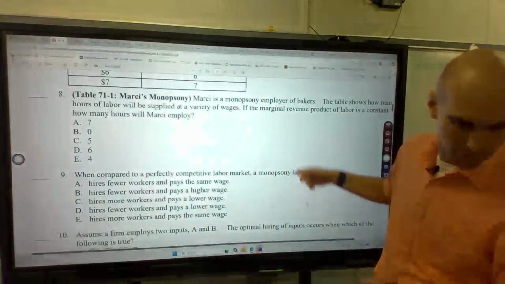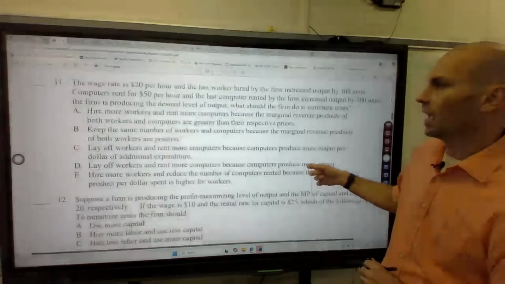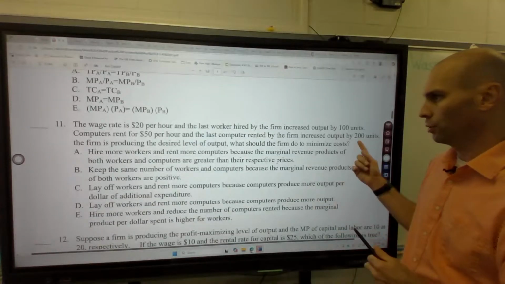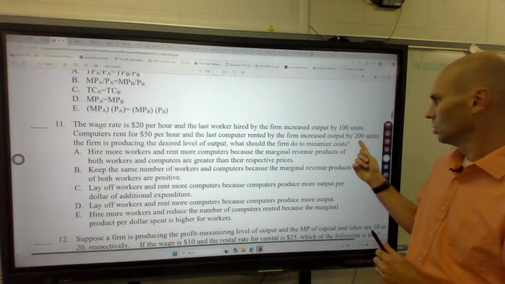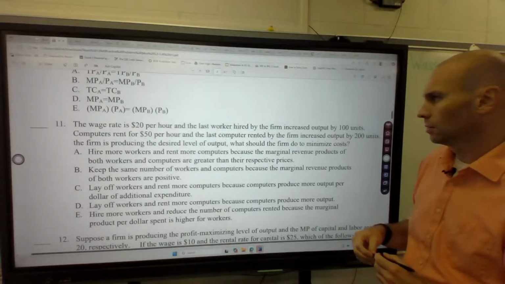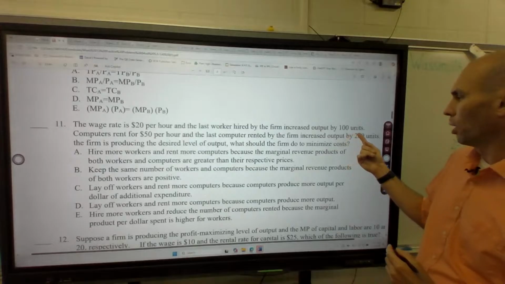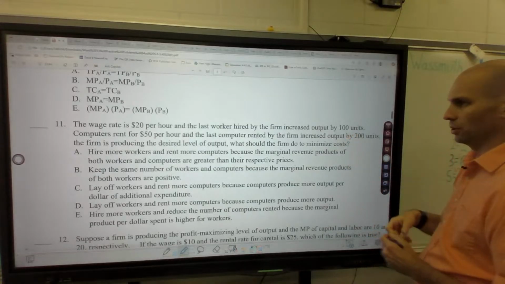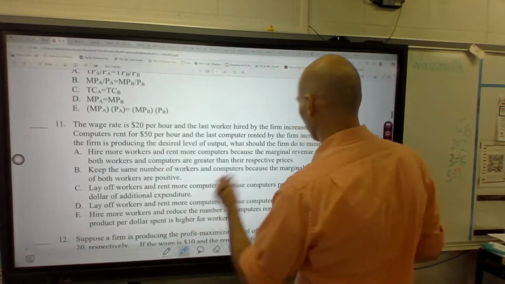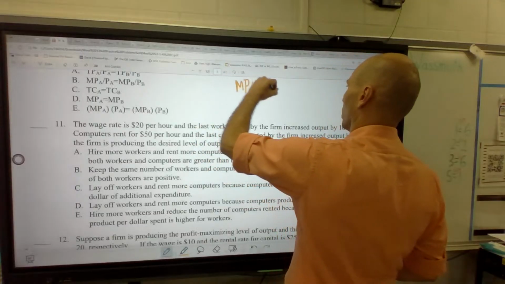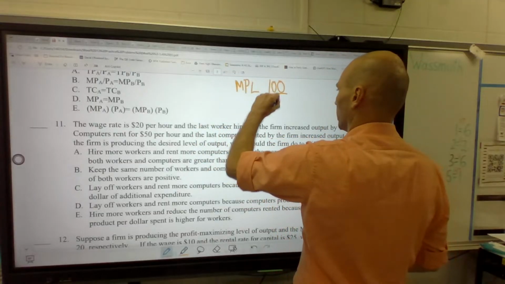All right, number 11. If the wage rate is $20 per hour and the last worker hired by the firm increased output by 100 units. Okay. Got it. I'm going to write this one out because I'm already confused. So my marginal product of labor is 100, and I pay them $20.